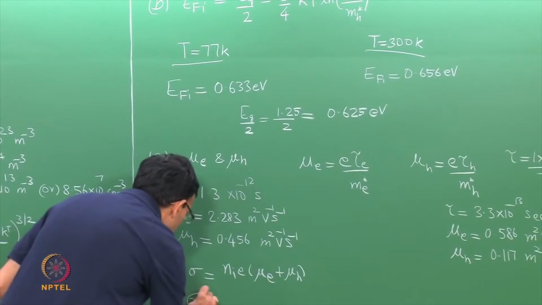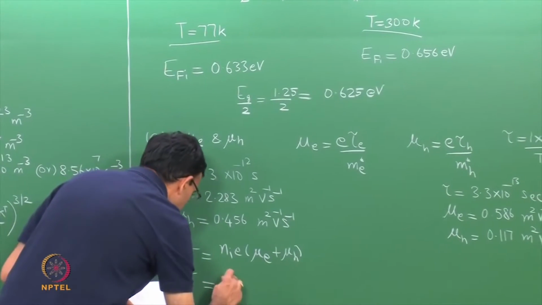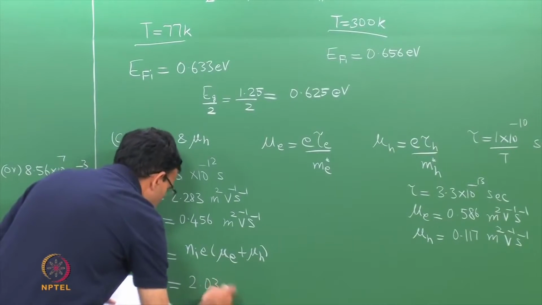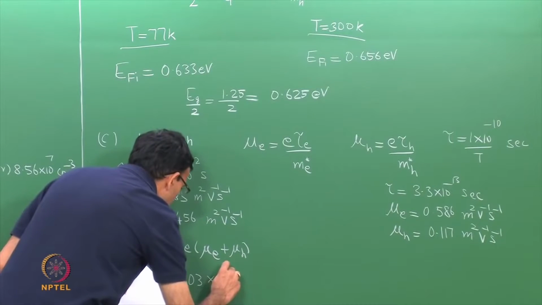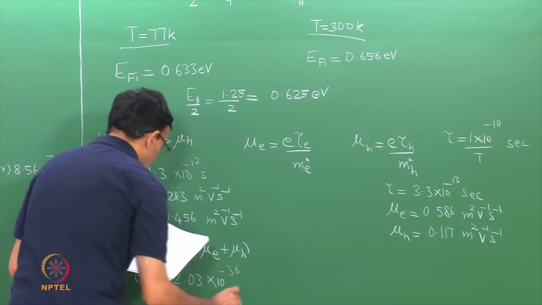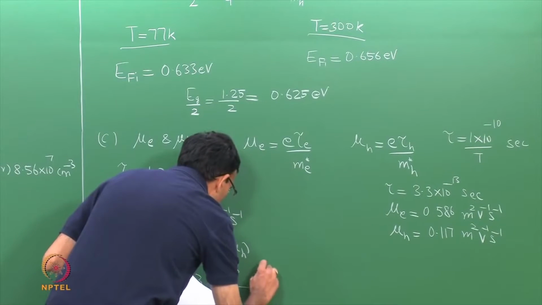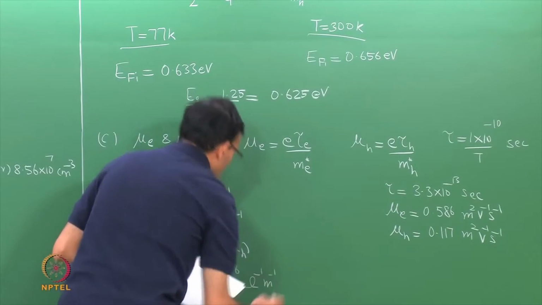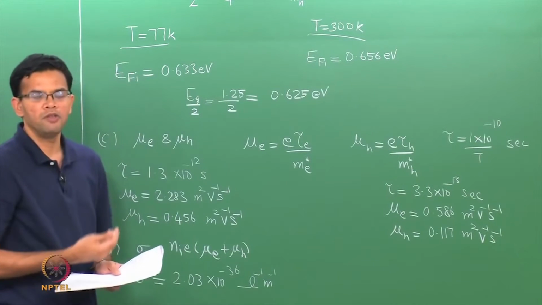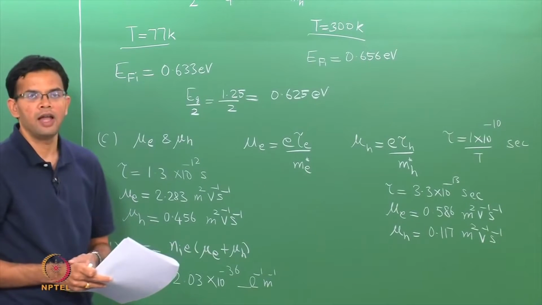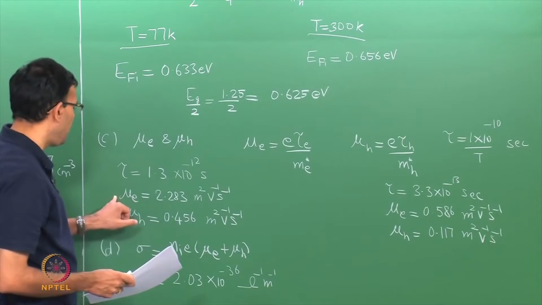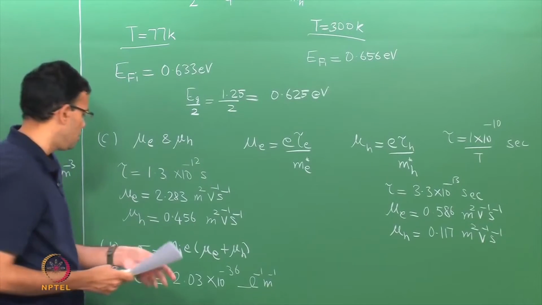So, sigma at 77 Kelvin is very small, because if you remember Ni is very small. So, 10 to the minus 36 ohm inverse, meter inverse. You can also have ohm inverse and centimeter inverse depending upon what the units for Ni and mu e and mu h are.